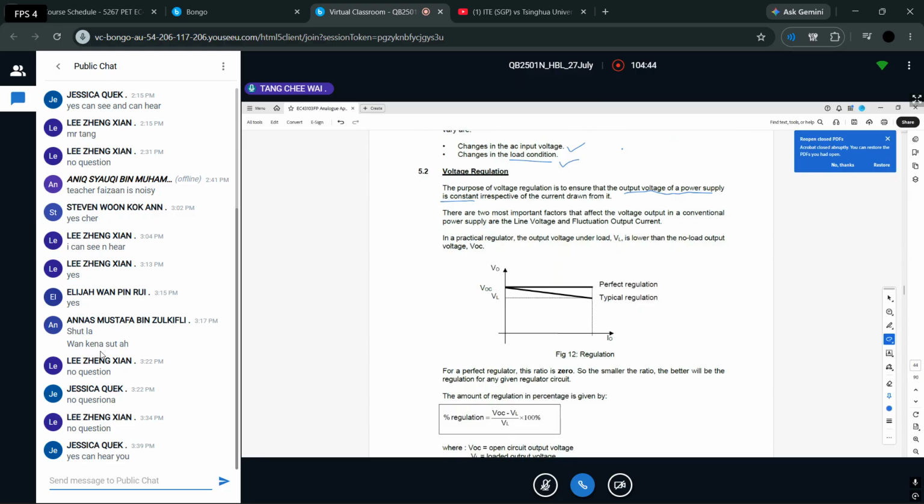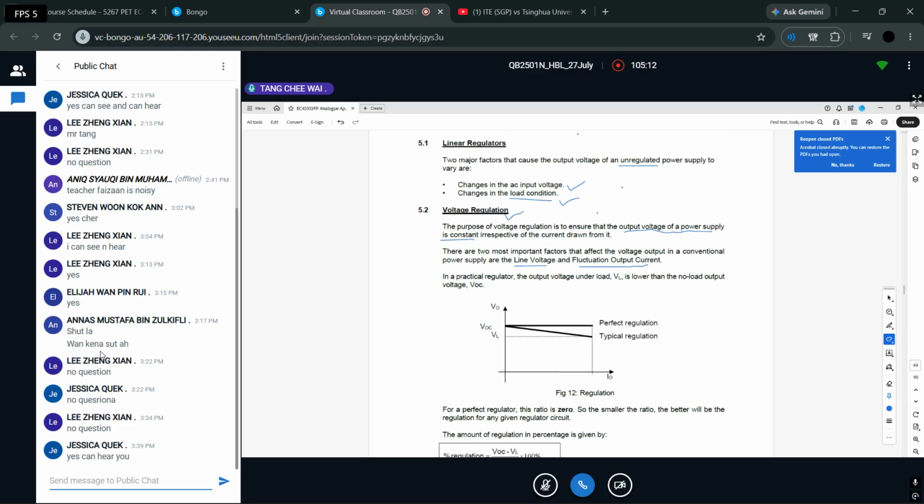Whether your current goes up or goes down, my voltage still maintains. That is an important one here. They mentioned that there are two important factors that affect voltage output, basically the line voltage and the fluctuating output current. Line voltage, we just mentioned these two.